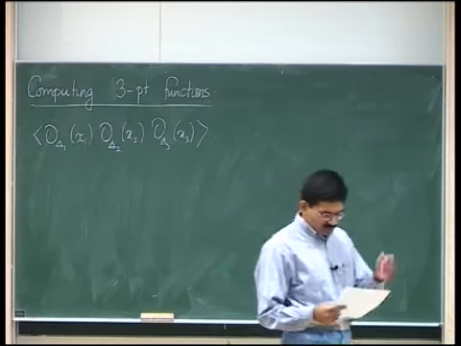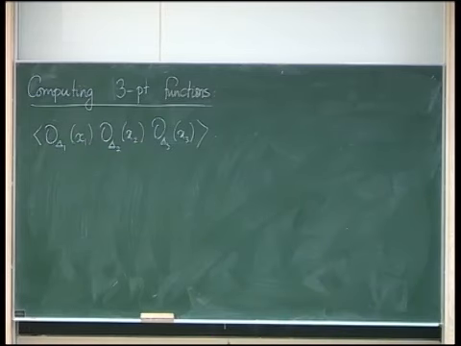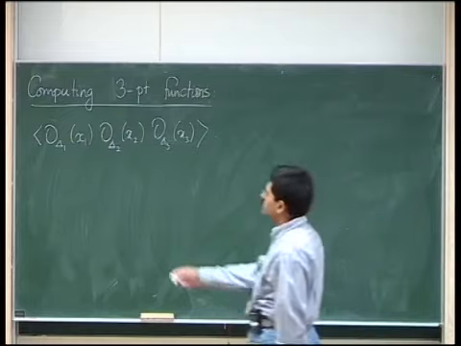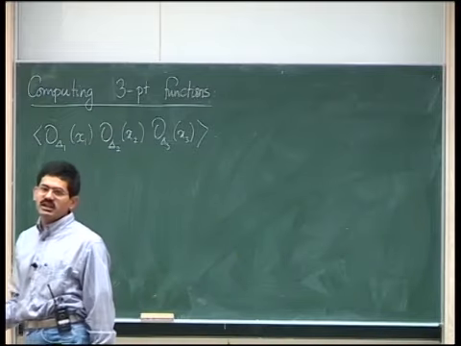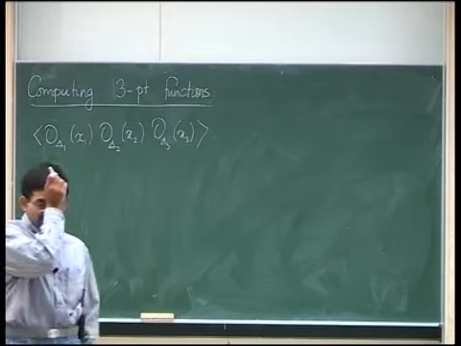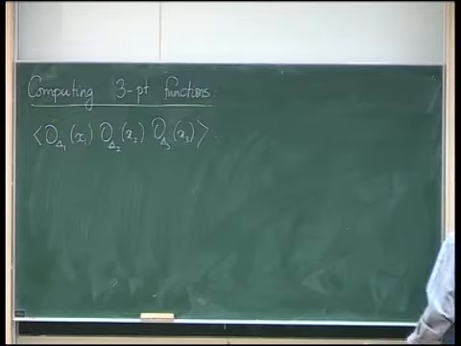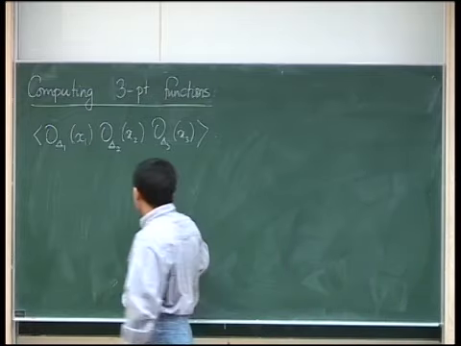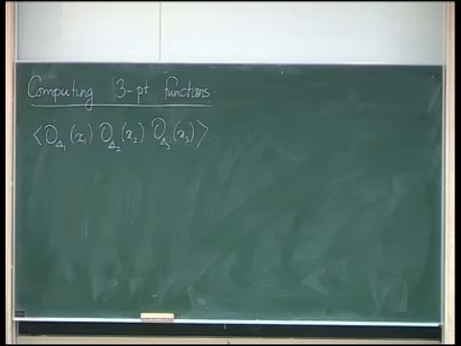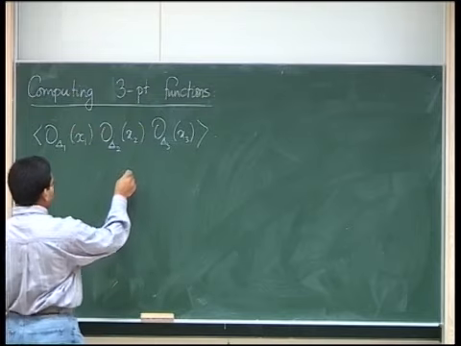So I want to compute the 3-point function of 3 operators inserted at x1, x2, and x3 on the boundary, and their conformal dimensions are delta 1, delta 2, and delta 3 respectively. So what do I do? Let's do this pictorially for the moment, and then write down the formulas that would be relevant for us to compute.